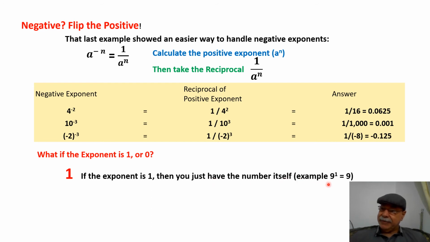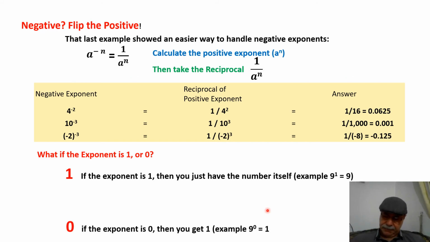Example: 9 to the power 1 equals 9. A million to the power 1 is a million. 100 to the power 1 is 100. Any number to the power 1, the number stays as it is. Like this, it is not very different.